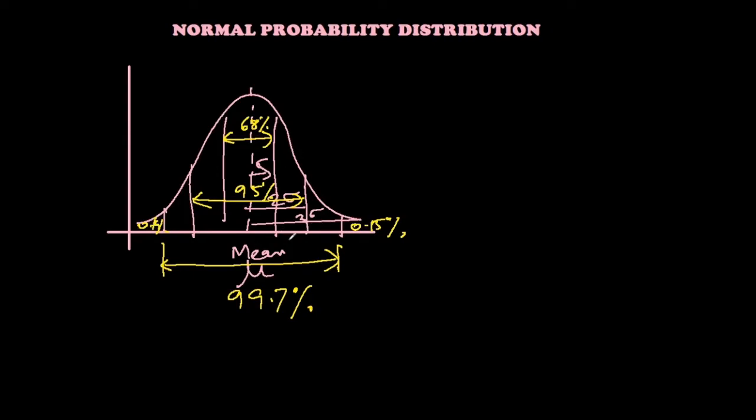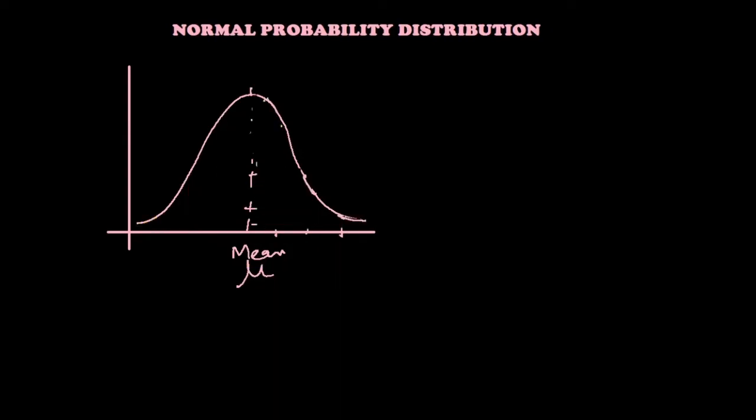What if I want to find a probability at a place where the mean is not there, something related to standard deviation? Let me show you what I mean. Suppose this is one standard deviation here, and in this example, let's say the mean is 50 and the standard deviation is 10, and this is 60, one standard deviation away from the mean.